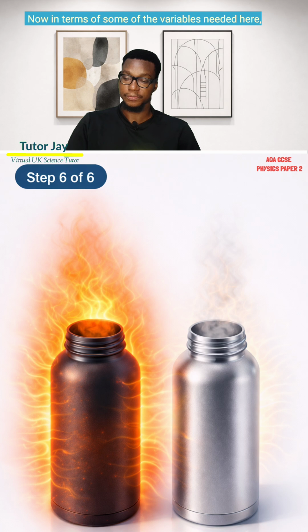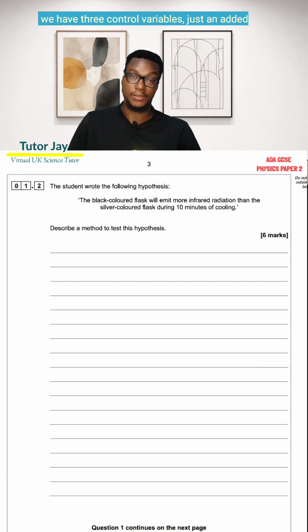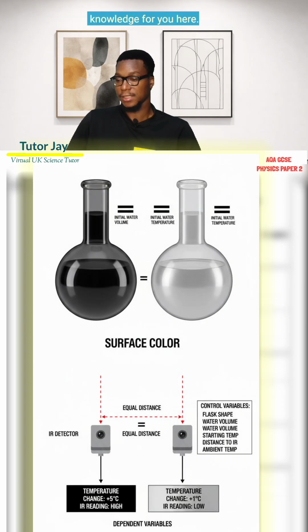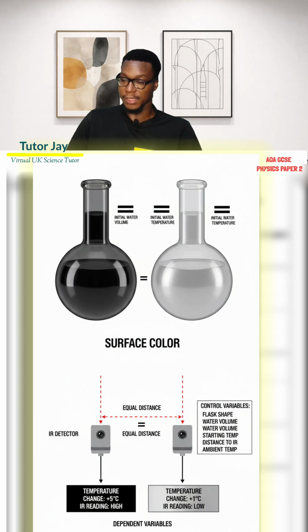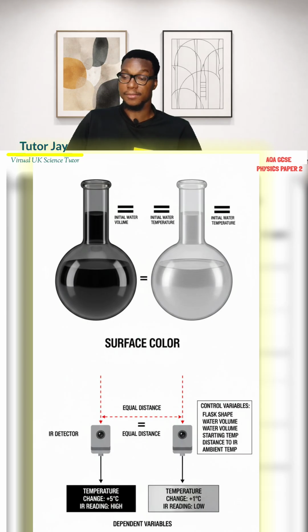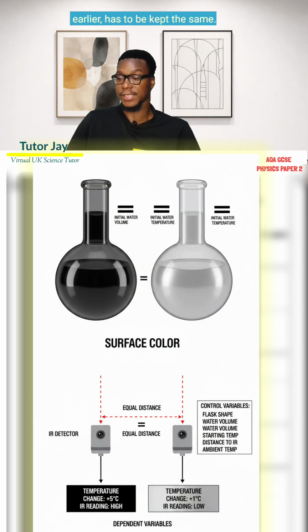Now, in terms of the variables needed here, you have 3 control variables, just as added knowledge for you. Control variables are variables that we keep the same. In this case, the volume of water in each flask has to be kept the same. The starting temperature of the water, like I said earlier, has to be kept the same.